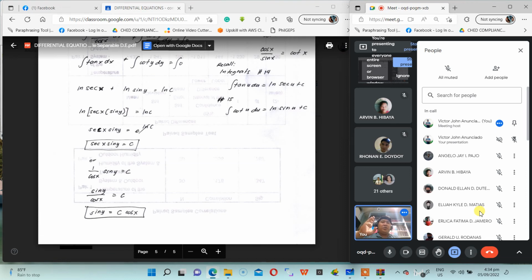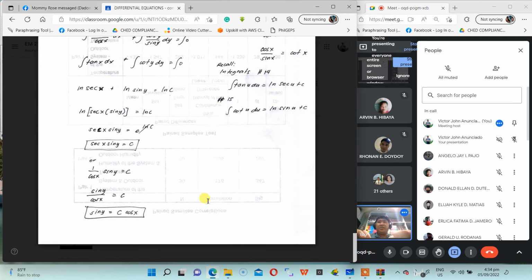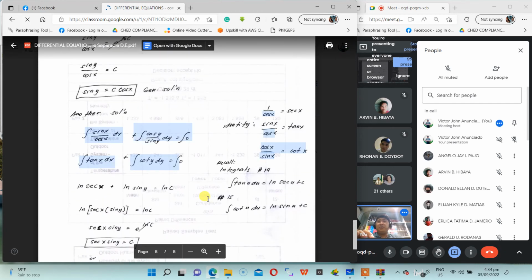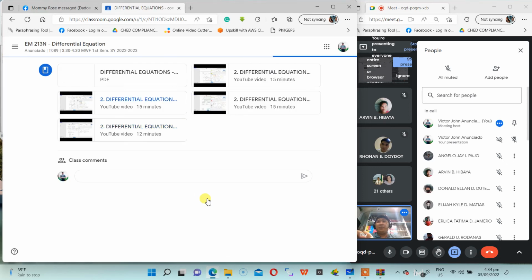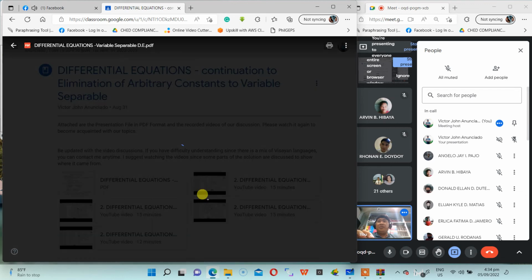Actually, guys, I know the reason why you get nosebleeds. It's not actually the differential equation. The differential equation is just from here. The problem is your other mathematics, not my subject, because my subject is as simple as this: separate the variables, combine all the same variables, and that is differential equation.